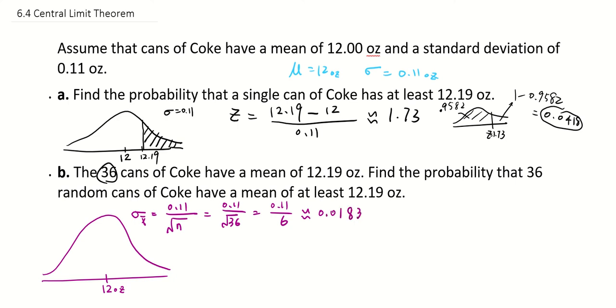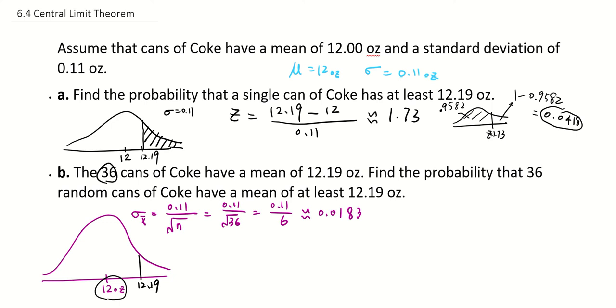So now to find that 36 random cans, a sample of random cans, has a mean of at least 12.19 ounces, still it's 12.19. You have to use this new distribution. Same mean, again same mean, but the standard deviation is changed.